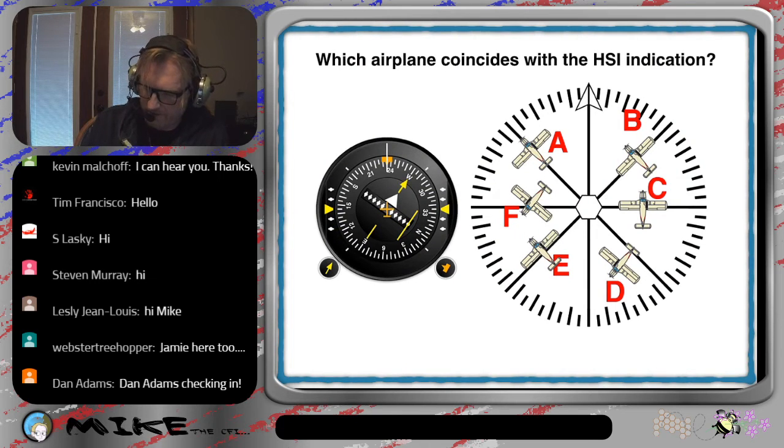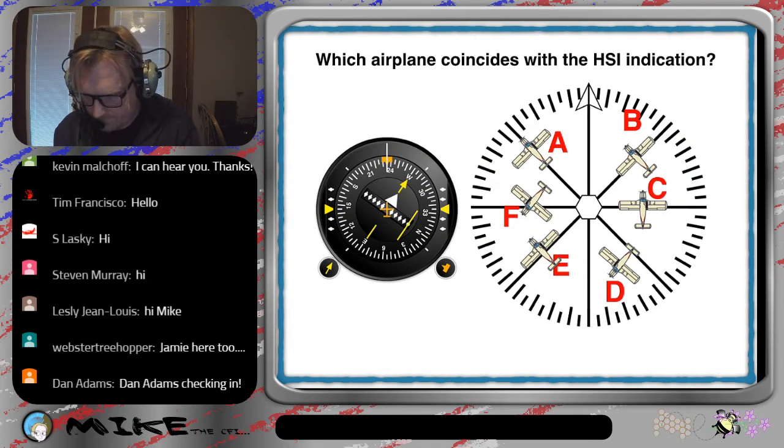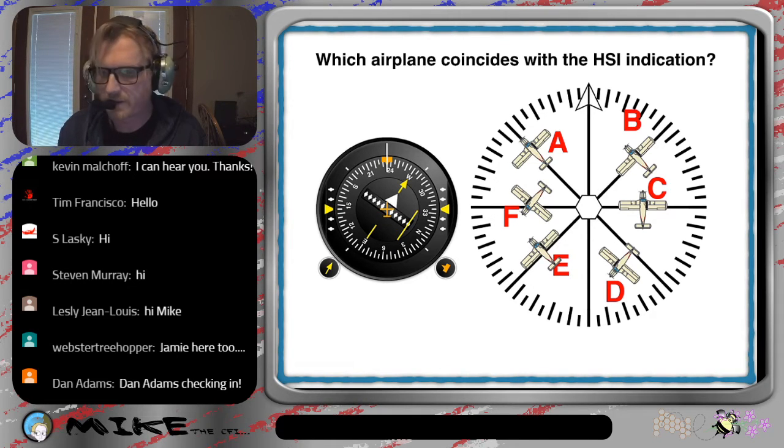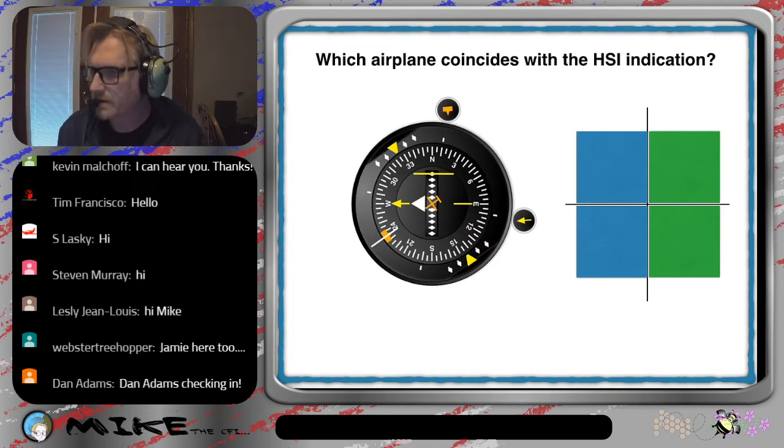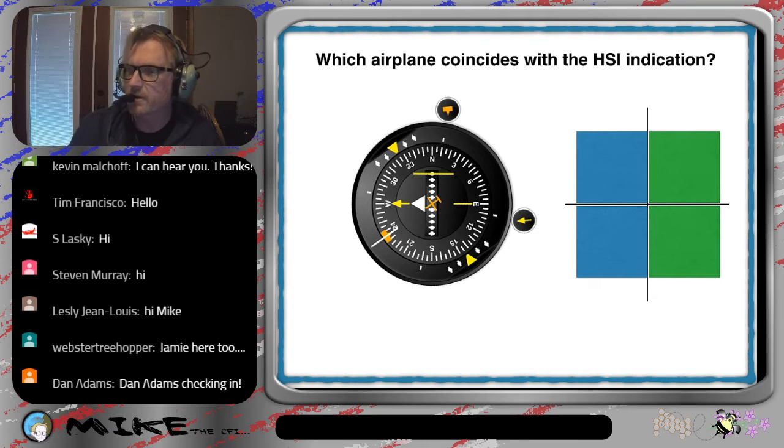Looking at this one here, again, what we want to do is rotate the display until north is facing up. And once we do that, we can see that the VOR is off to our left and the course line is up to the north there.